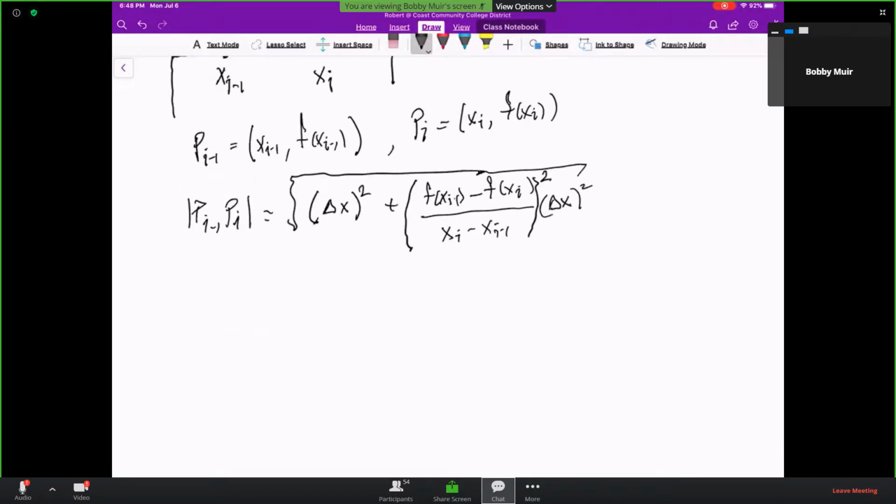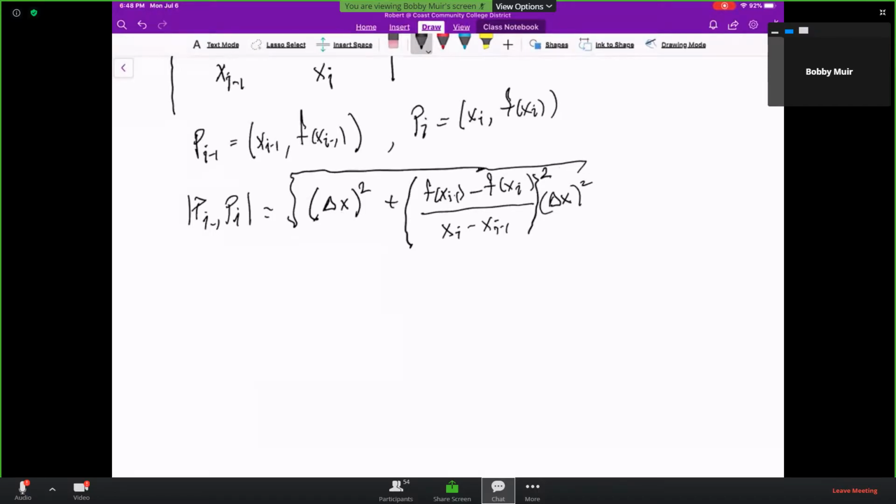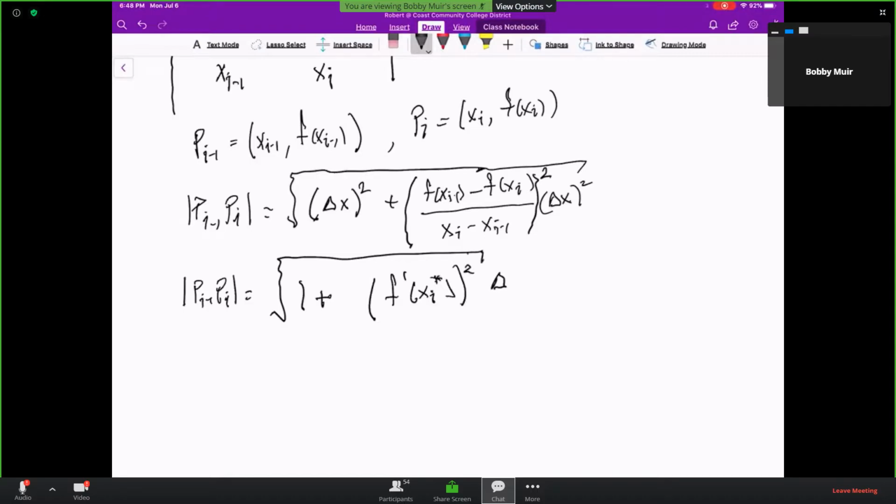And so this slant height, which is this Pi minus 1 to Pi, ends up being the square root of 1 plus f prime of some xi star that's sitting in the middle of those two guys, squared, times delta x. Now this is the mean value theorem from Thursday; if you go back to your notes, it's the same thing that we did last time.